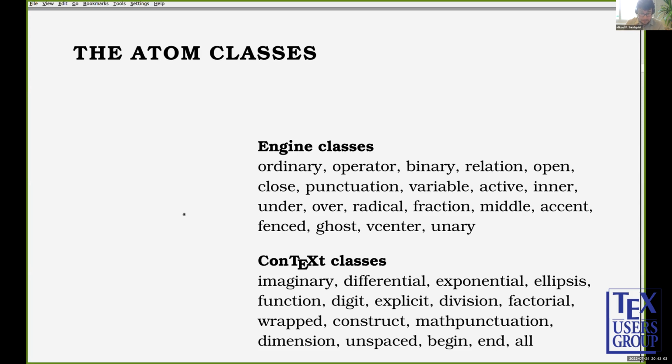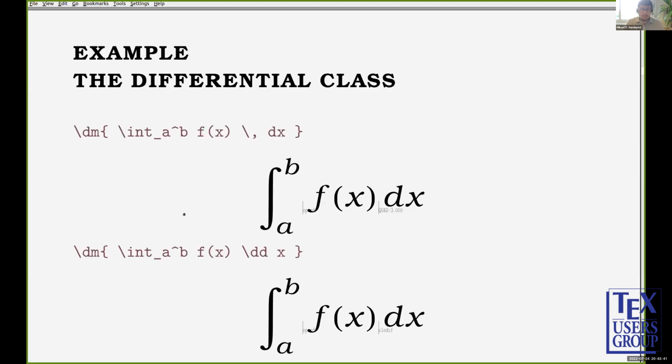We can add them with quite a few members if you want, and of course, if you see this, you might get scared that you have to set up all the combinations of spaces between all these classes, but you should not worry about that, because usually when we add a new class, we set it to default as, for example, the ordinary class, and then we just make a few changes where we think it's necessary. So there is no point in me discussing all these classes. Let me give examples instead.